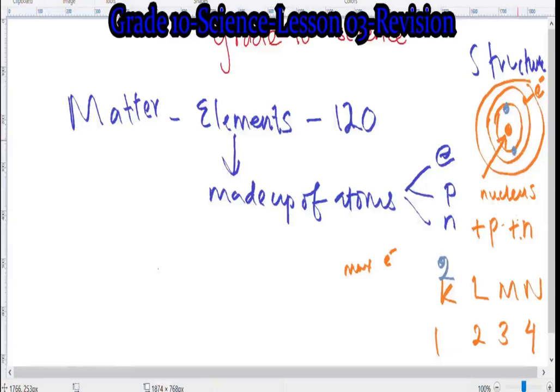So in the first energy level you can have only 2, so that is K. Then L has 8 electrons. And then you have M with 18, but even though it has a maximum of 18 electrons that it could fit in, it still only fits in 8.